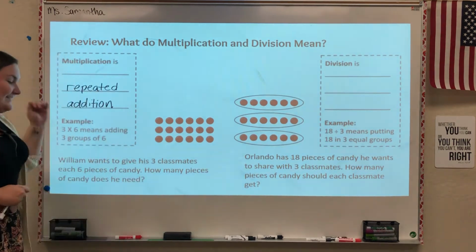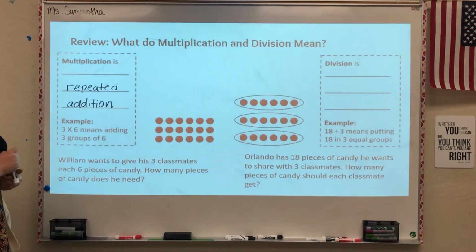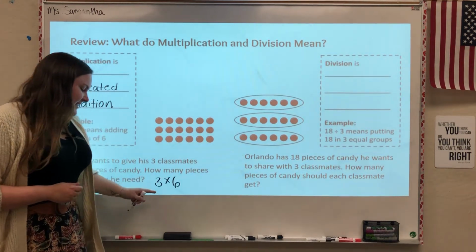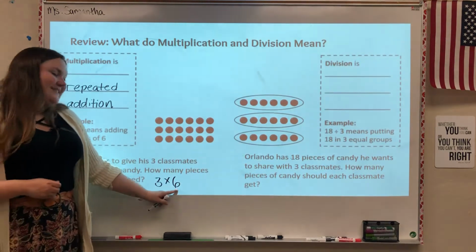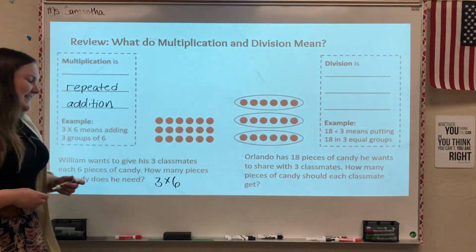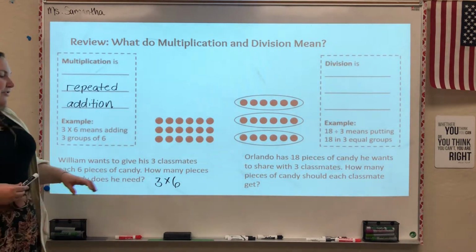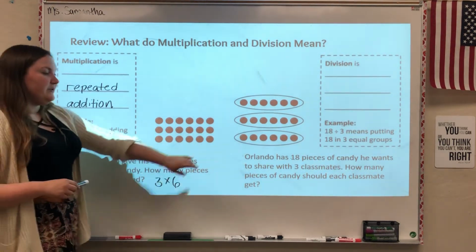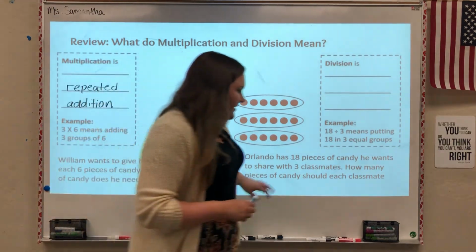We would want to add 6 three times. That's a clue that we would want to use multiplication. We would say 3 times 6. There's 3 classmates and they're each getting 6 pieces of candy. Now, there can be a similar problem but worded differently, which is what we look at over here.